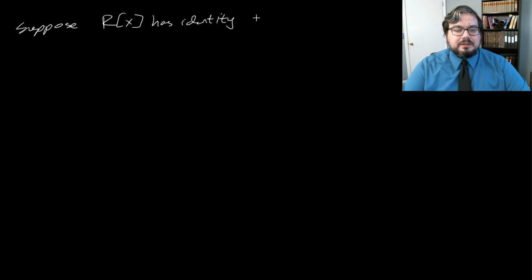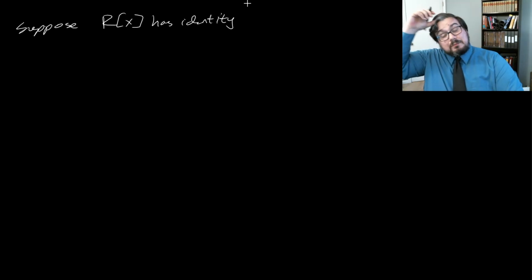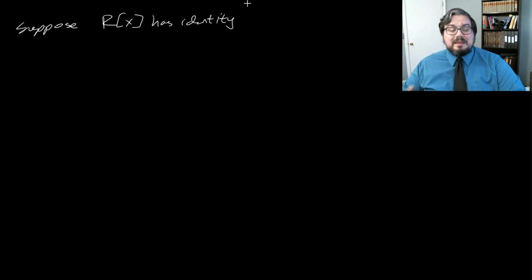So let's suppose that R adjoin X has identity, and now we can't at this moment assume anything about the identity.